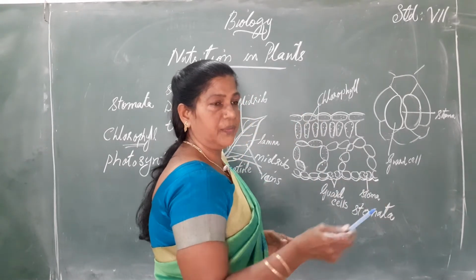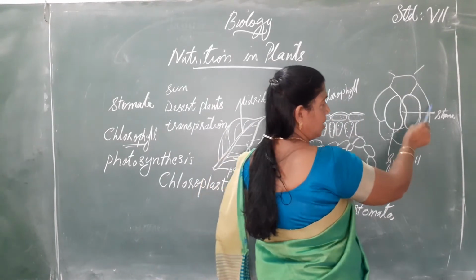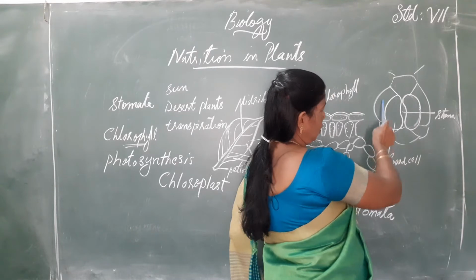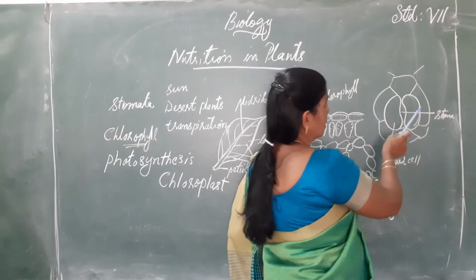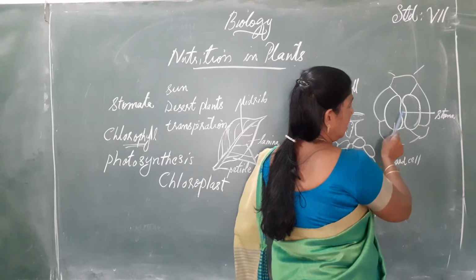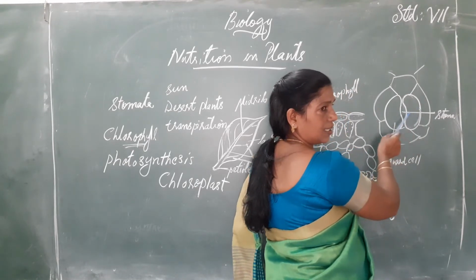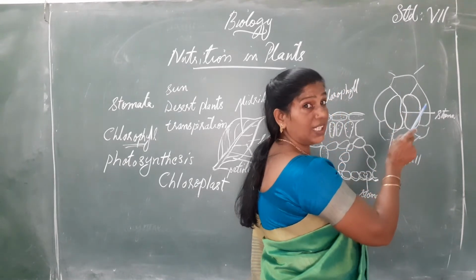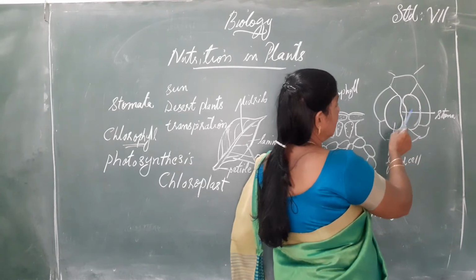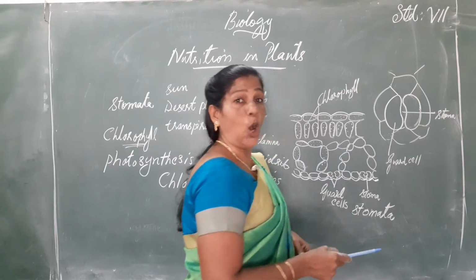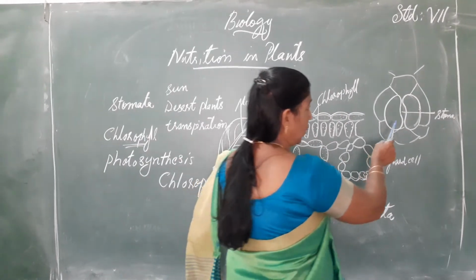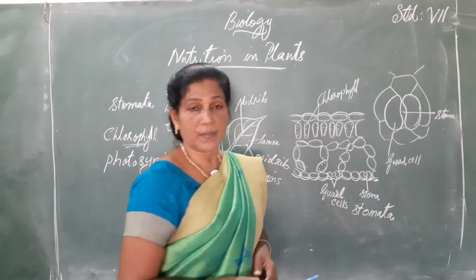If you study in detail the structure of a stoma and guard cells, it will be just like this. These two are the guard cells. The guard cells are bean shaped, and inside them there is a small slit-like opening. This opening is known as the stoma.